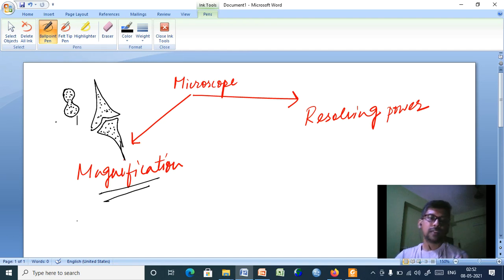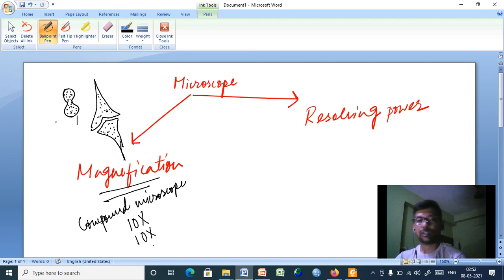Suppose a particular compound microscope has an ocular lens power of 10x, and the objective lens also has the power of 10x.